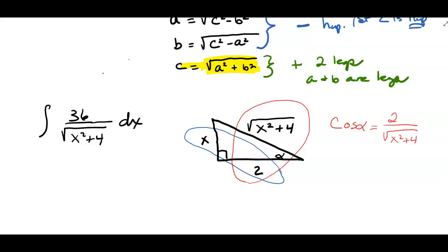And then, from alpha, I have an opposite and adjacent, so that's going to give me tan alpha equals x over 2. This is where the substitutions are going to come from.